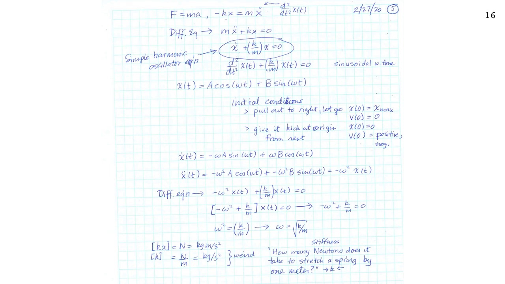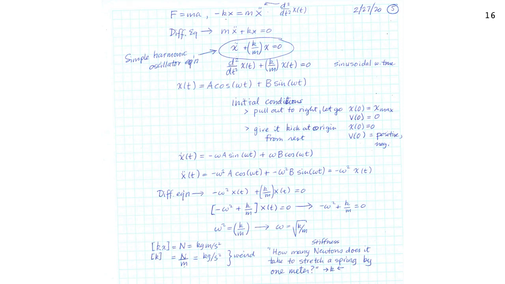So the general solution for this is x of t equals some constant a times the cosine of omega t plus some constant b times the sine of omega t. In general, you don't know whether you should use sines or cosines. It depends on the initial conditions that you're starting with.